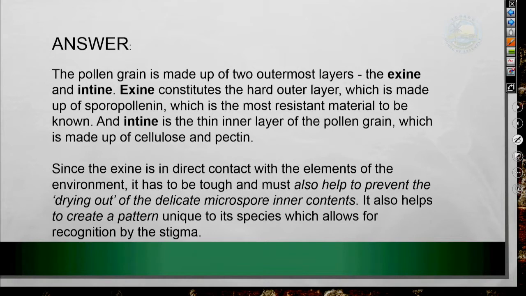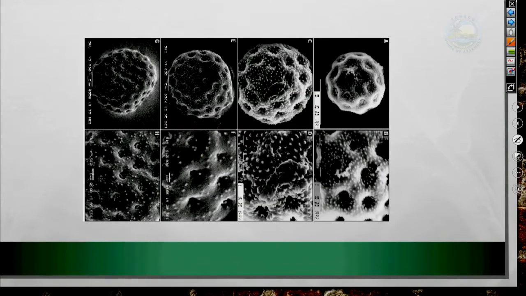Right? It is in direct contact with the elements of the environment. It has to be tough and must also help to prevent the drying out of the delicate microspore. So that is one important function. But another role it also plays is that it helps to create a pattern, as we can see here.